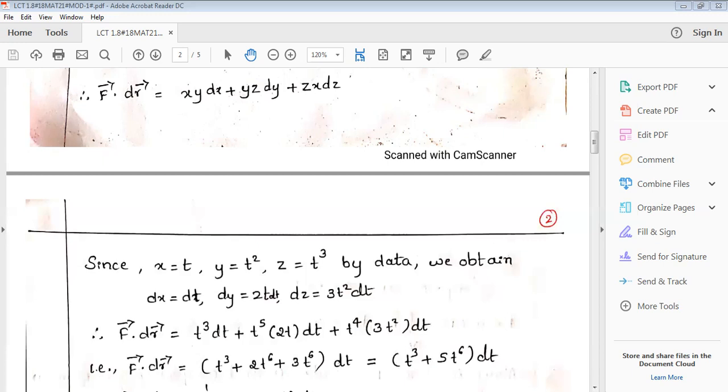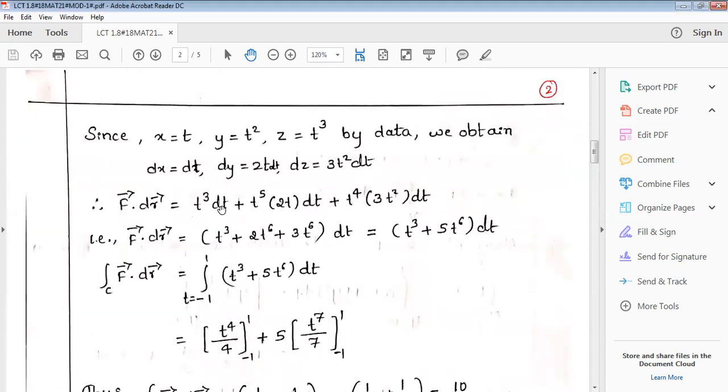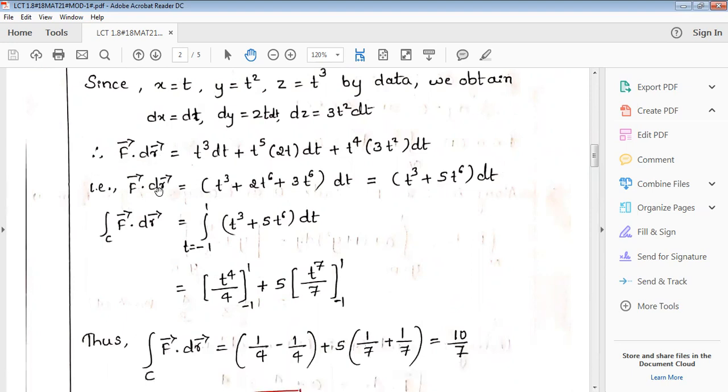So when you simplify, you get t cube plus 2t raised to 6 plus 3t raised to 6, into dt. Dt is common. So when you simplify, t cube plus 5 times t raised to 6, dt. So vector F dot vector dr, the line integral over C, where t varies from -1 to +1, is the integral from -1 to +1 of t cube plus 5t raised to 6 dt.